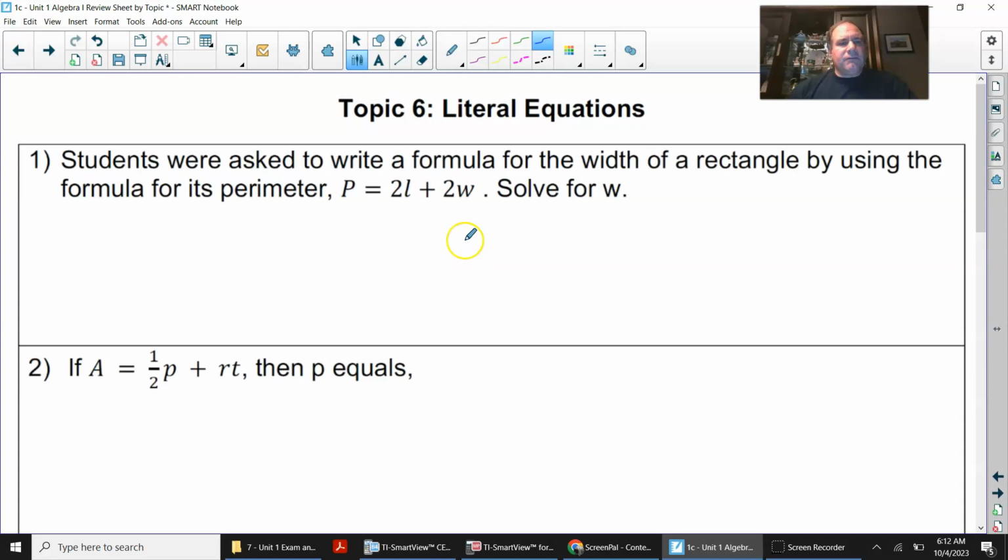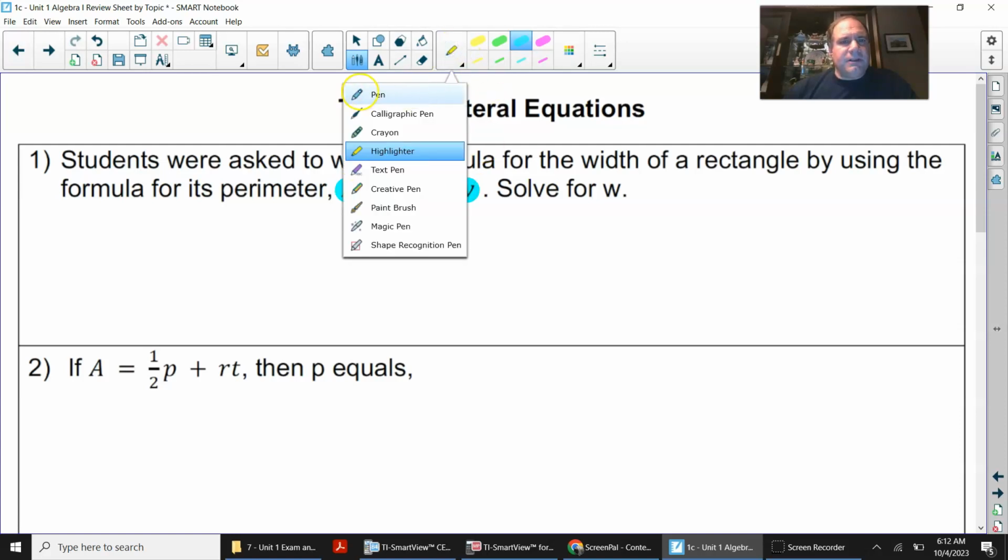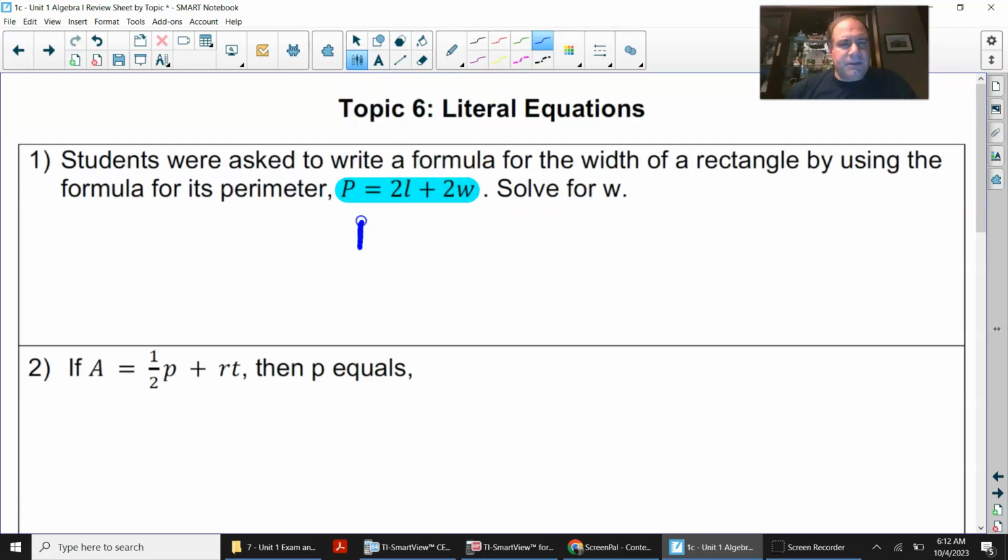All right, these are literal equations, the last topic. The students were asked to write a formula for the width of the rectangle using the perimeter, this right here. That is the formula. It just wants you to solve for W. So I'm just going to rewrite this.